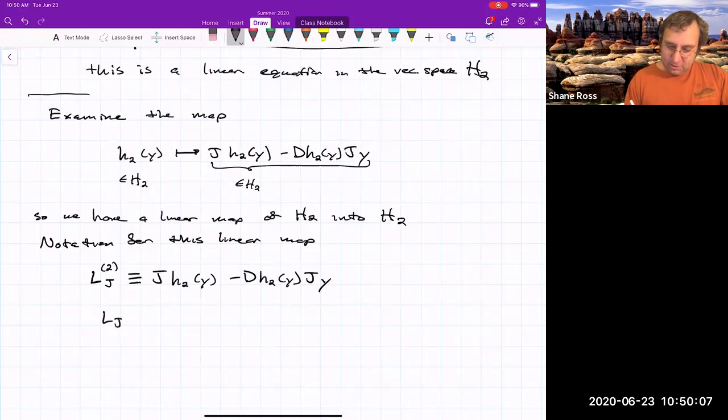LJ₂ is a map that takes in H2 and gives us something in H2. It is linear.